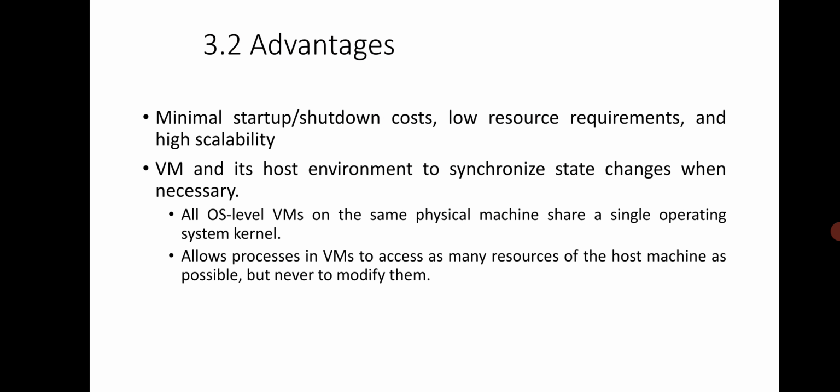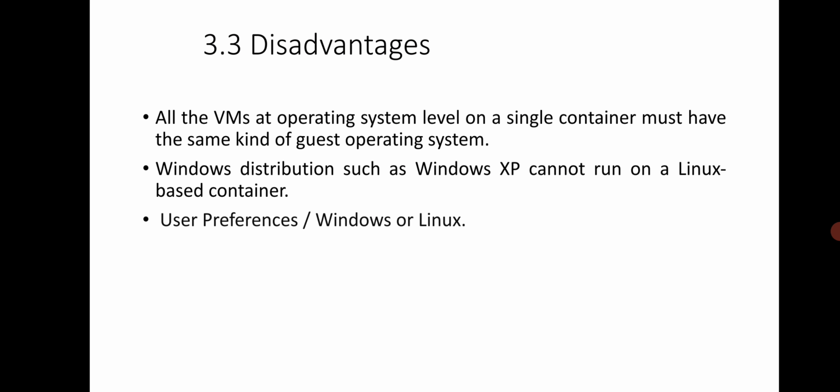This allows processes in virtual machines to access as many resources of the host machine as possible, but never to modify them. All the virtual machines at operating system level on a single container must have the same kind of guest operating systems. A Windows distribution such as Windows XP cannot run on Linux based containers.